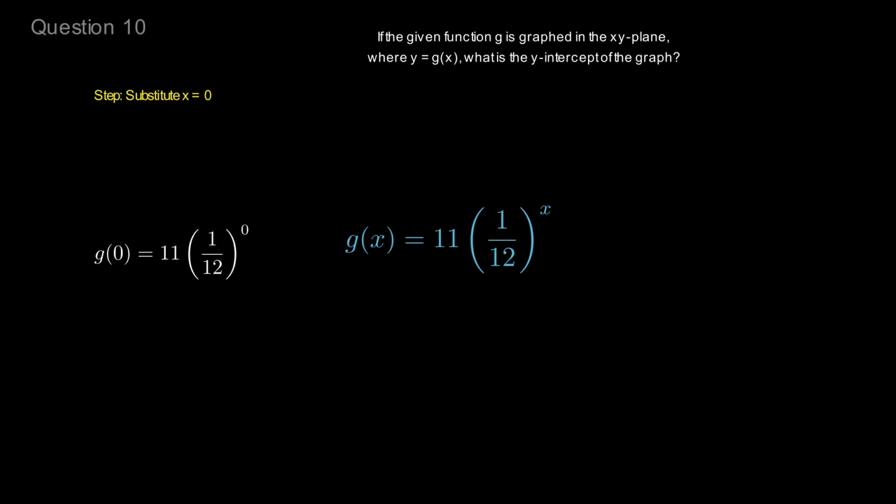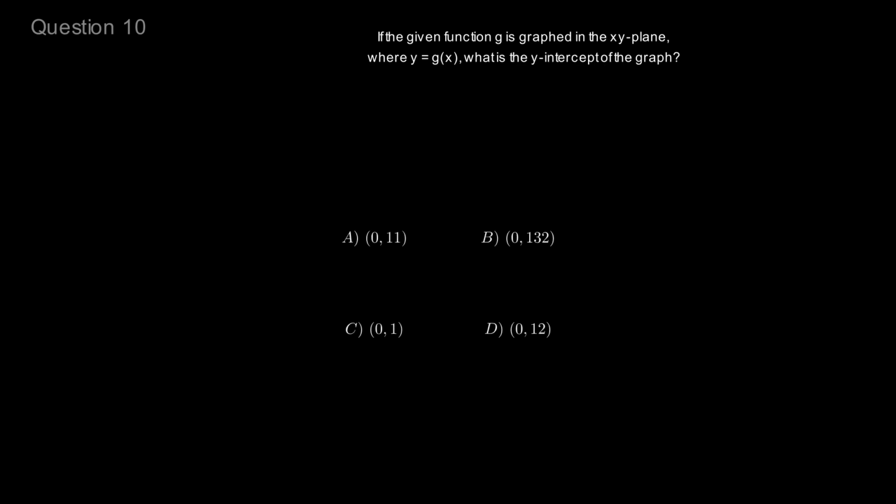Any positive number raised to the power of 0 equals exactly 1. Therefore, our calculation simplifies to 11 times 1, which gives us a y value of 11. This means the exact coordinates of our y-intercept are 0 and 11. Now looking at our options, choice A matches our result perfectly, and that is our correct answer.